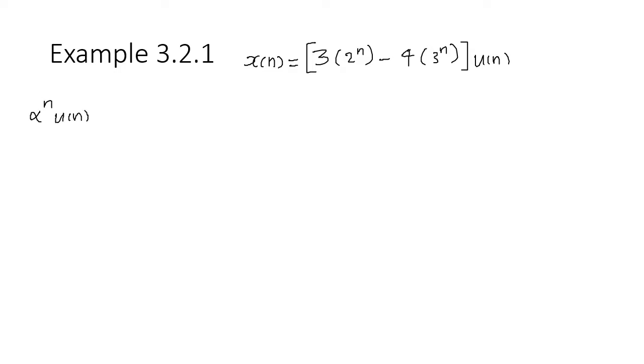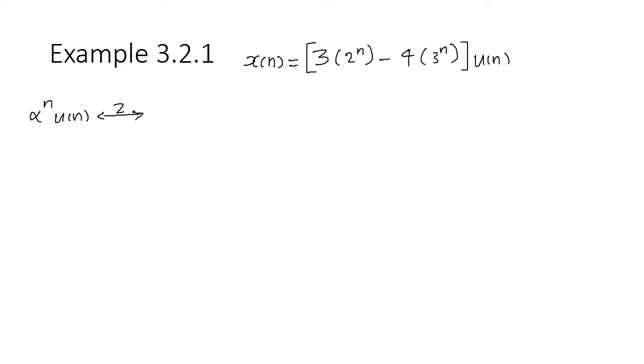As an example, let us find the z transform of the signal x of n, which is equal to 3 into 2 raised to n minus 4 into 3 raised to n, u of n. Okay, so before we solve the problem, let us recall the z transform of the signal alpha raised to n u of n.